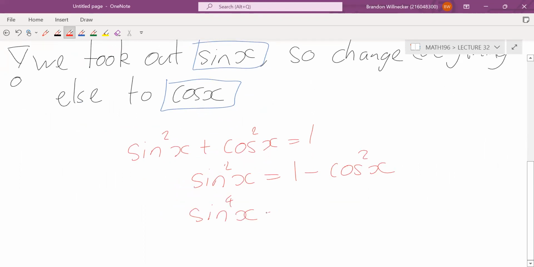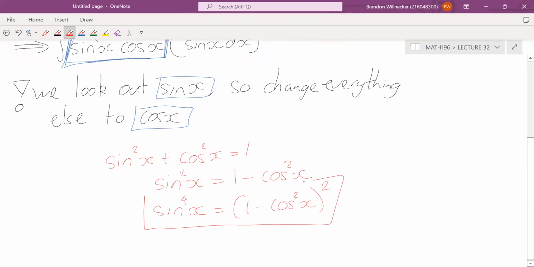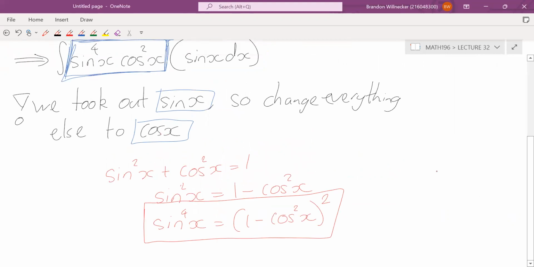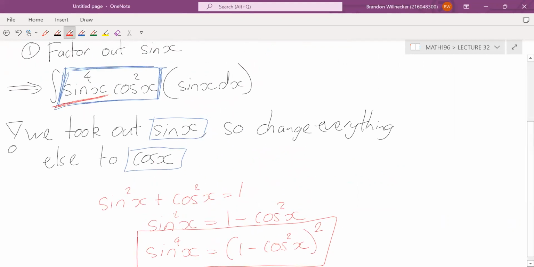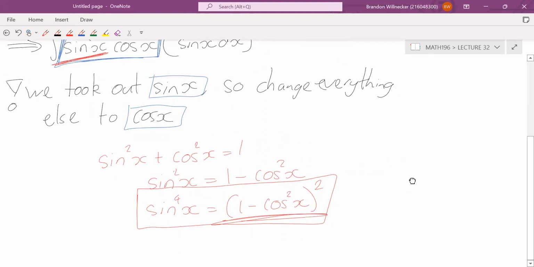Sine to the 4x is 1 minus cos squared x, squared. Okay, that's the key idea here. So we're going to take the sine to the 4x and replace it with this cos equivalent. So let's do that.